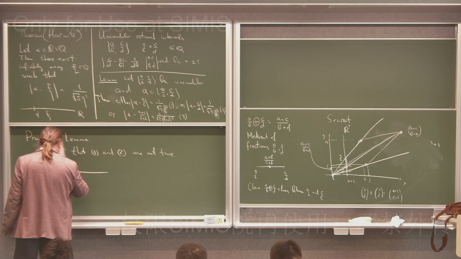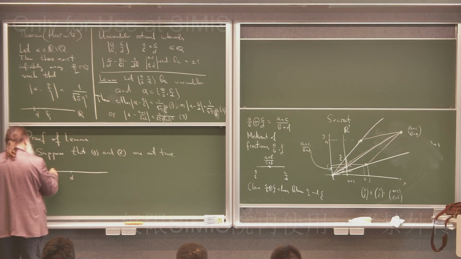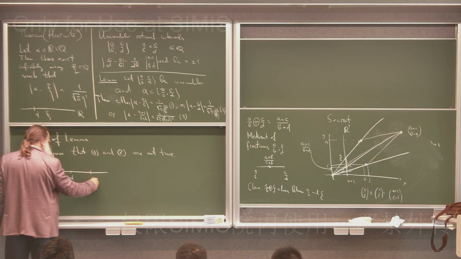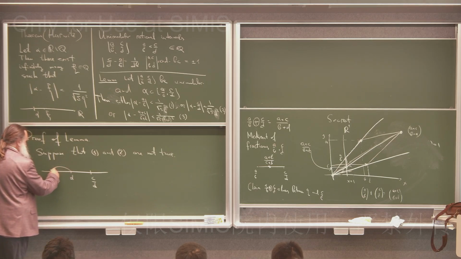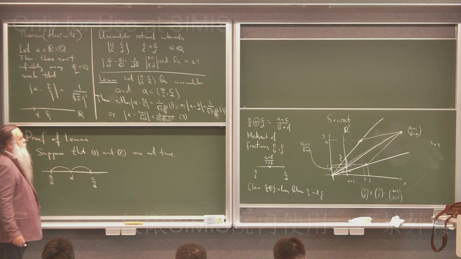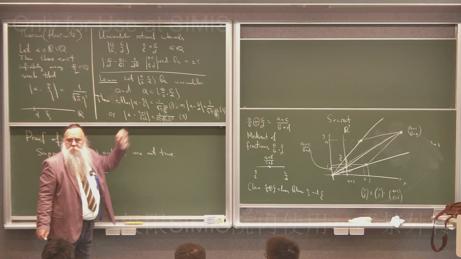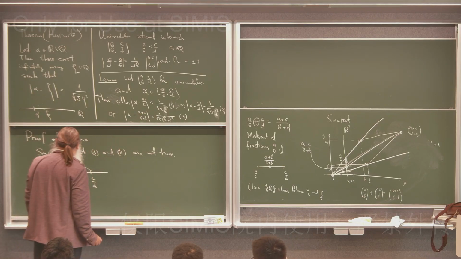So alpha is between AB and CD, and both distances are greater or equal than the square root.